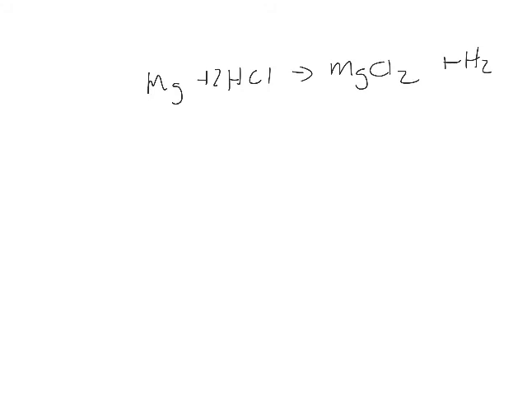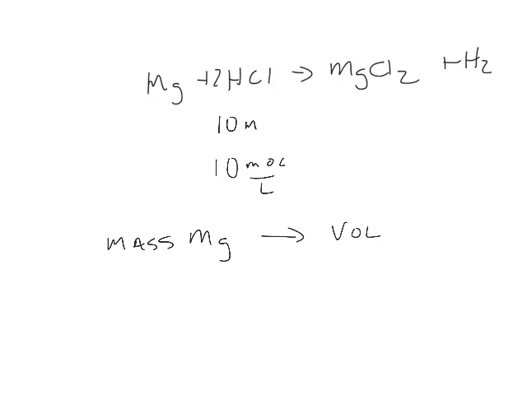You're also going to need to figure out how much hydrochloric acid to use, and it is 10 molar, so think of that as 10 moles per liter. You'll need to take your mass of magnesium and solve for volume of HCl, given that it is 10 moles per liter. And then we will be looking for a 15-fold excess.